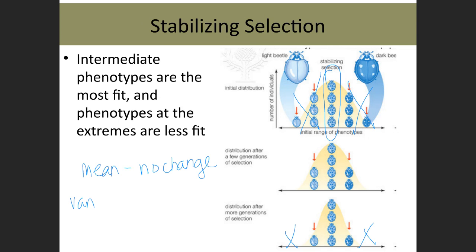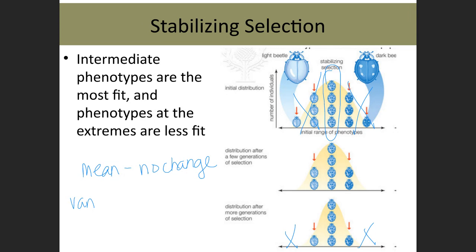Do we still have as many variants, as big of a range of variation? That has also decreased, right? So we used to have a curve that went from far left to far right, and now we're right in the middle.